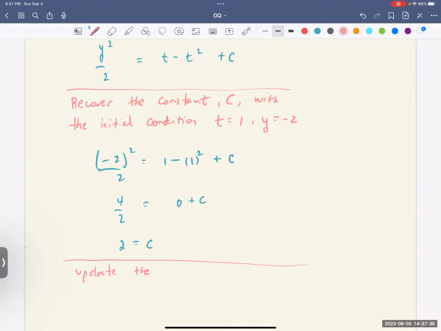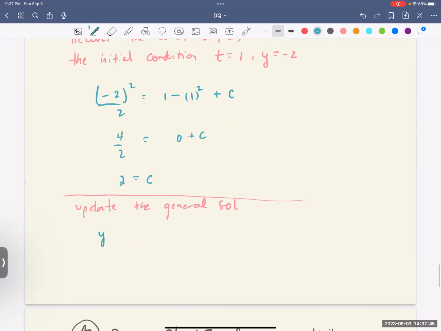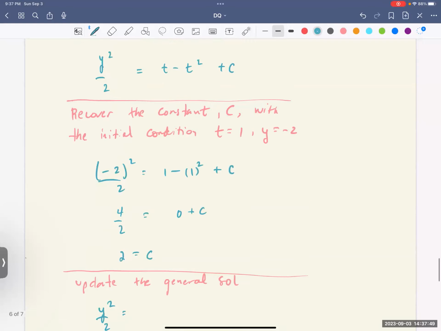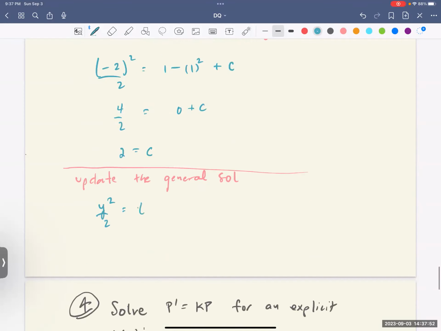Update the general solution, which we had as y squared over 2 equals t minus t squared plus c. But c is no longer a c. c is a 2. And this is an implicit solution.